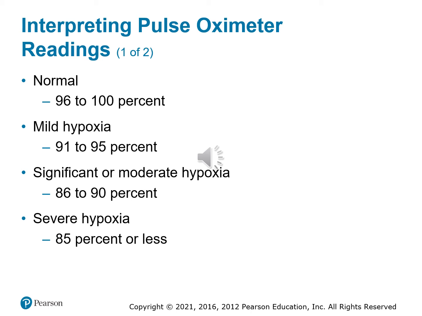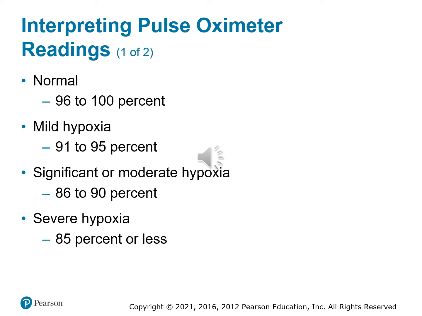If they get down below 90, usually you'll start seeing some shortness of breath unless they have other medical conditions that might make them run that as a normal. COPD patients, the patients with emphysema and chronic asthma, they may run in the upper 80s and that may be their normal. Significant hypoxia will usually occur below 85.